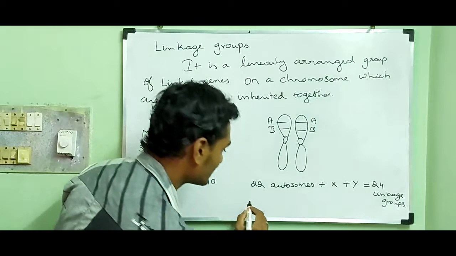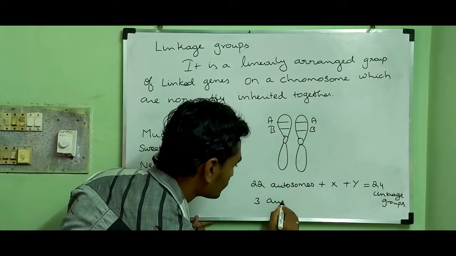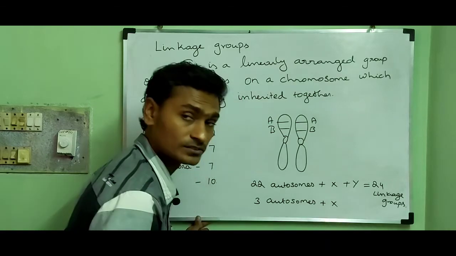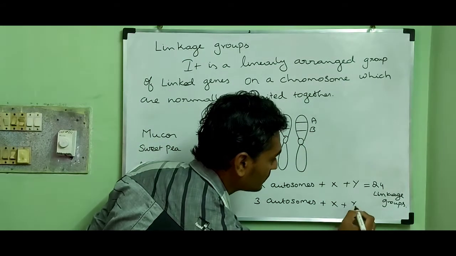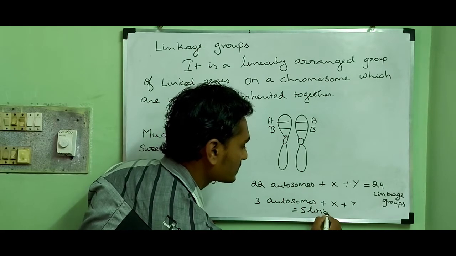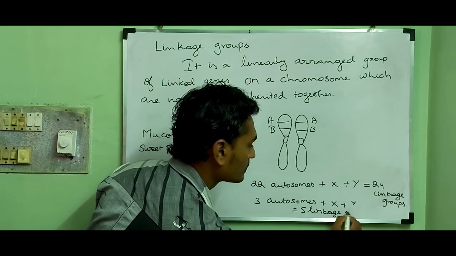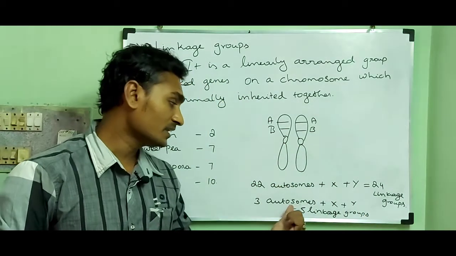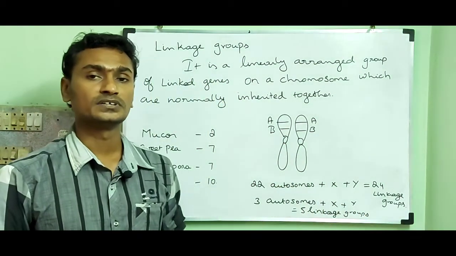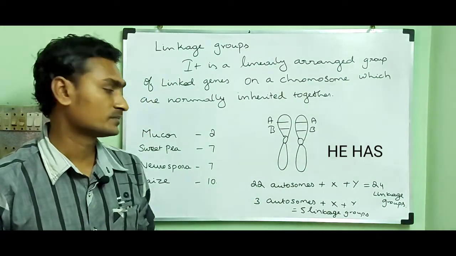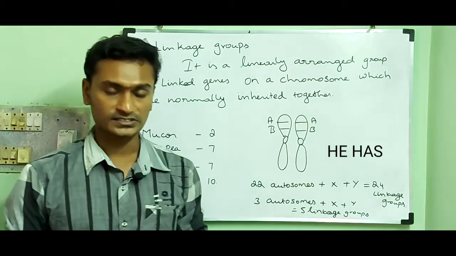That means it has 3 autosomes plus 1 X chromosome plus 1 Y chromosome, resulting in 5 linkage groups. So in the Drosophila male it has 5 linkage groups, and in the human male it has 24 linkage groups.